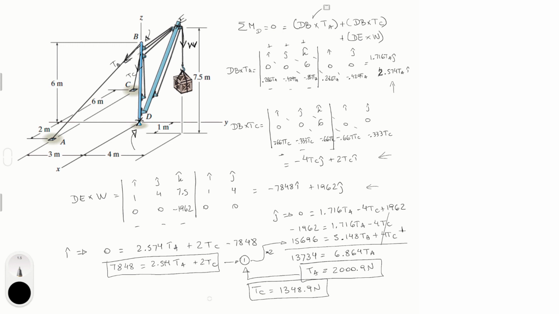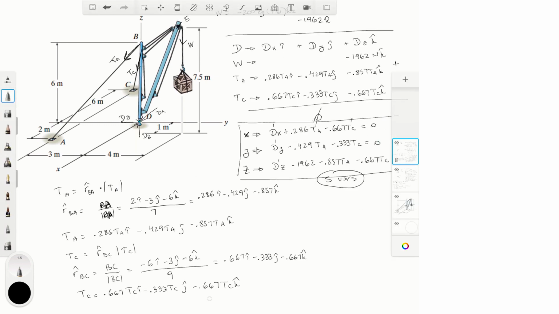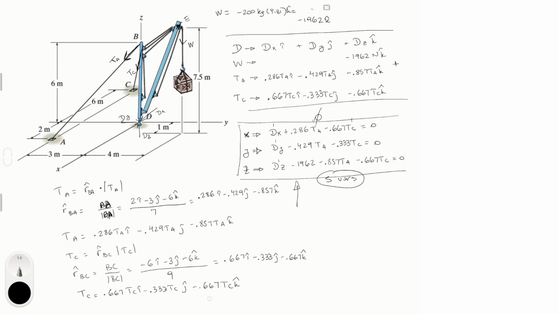So we already have TA and TC. All we need to do now is plug these two numbers into the first three equations that we found in step 1, which are these equations right here. If you do, you should find that dx is equal to 327.45 newtons, dy is equal to 1307.55 newtons, and dz is equal to 4576.45 newtons.